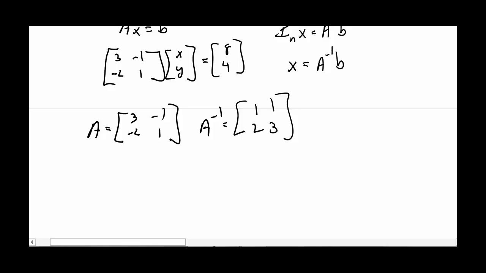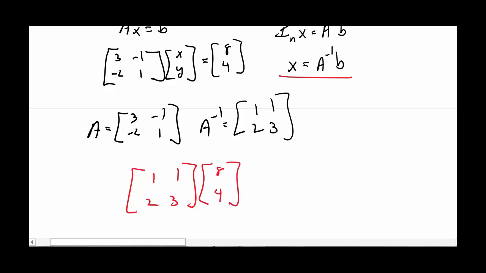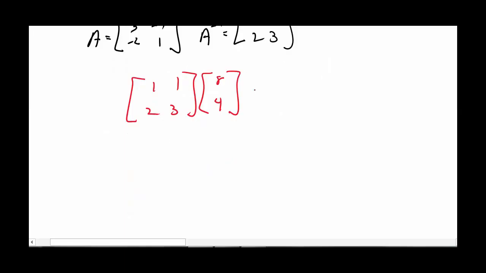Okay, so according to this process, to solve my equation, I want to take the inverse, 1, 1, 2, and 3, and multiply it by the constant. How many numbers are in the row?